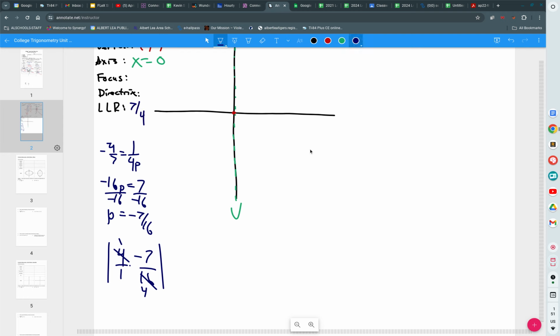Now, if you were to estimate 7/4, 7/4 is about what? 1 3/4. Yeah, it's exactly 1 3/4. It's about 2 though, right? So if the length of our latus rectum is 2, would everybody agree if I made a 3x3 graph again, that would be more than plenty? So I'm just going to take this graph, I'm going to make a 3x3 graph. That will be more than plenty.